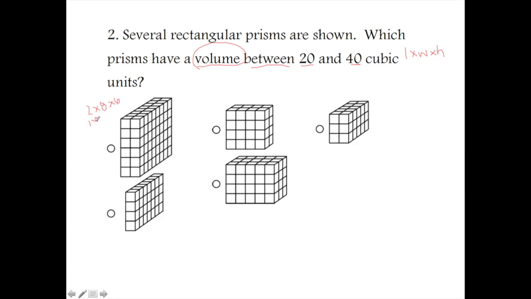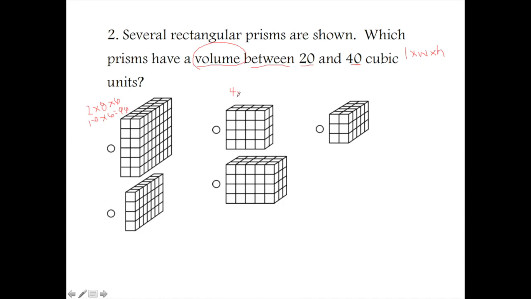So 2 times 8 is 16, and 16 times 6 is 96. All right, so is that between 20 and 40? No way, so that's not going to be one of my choices.